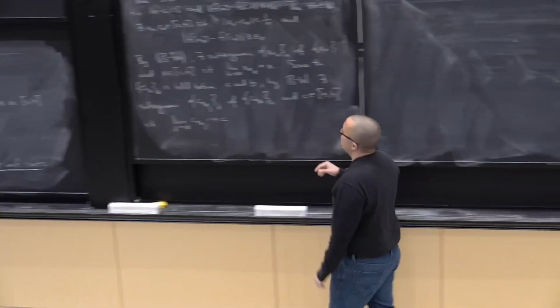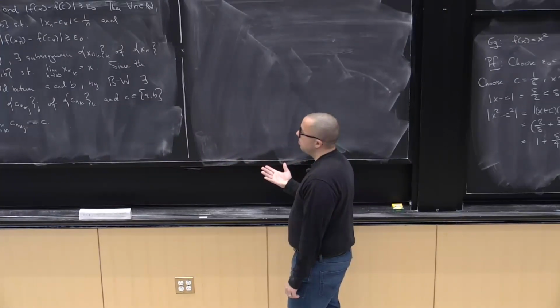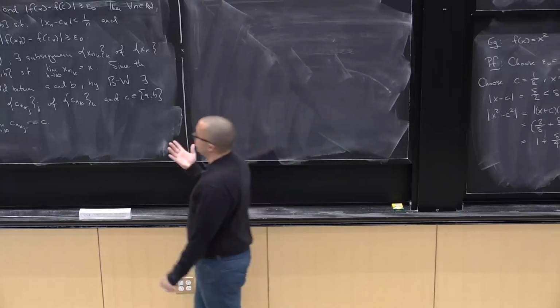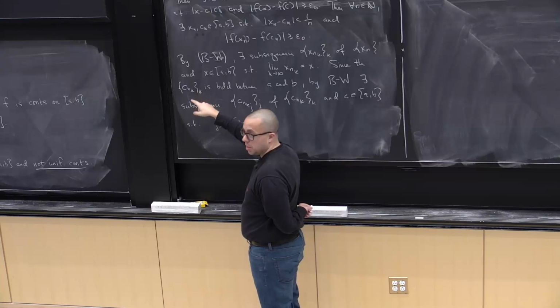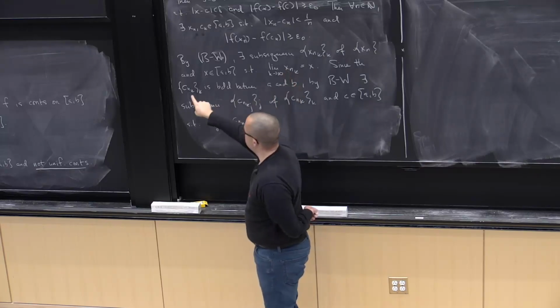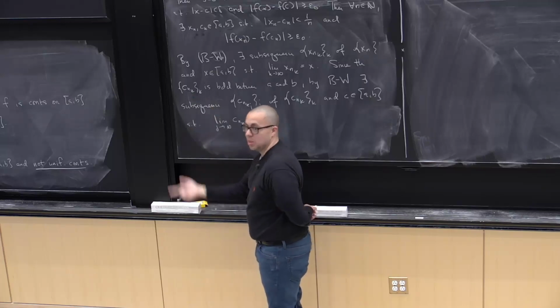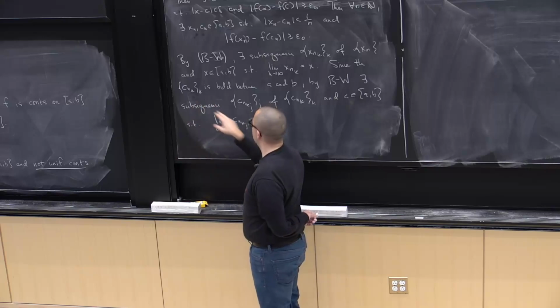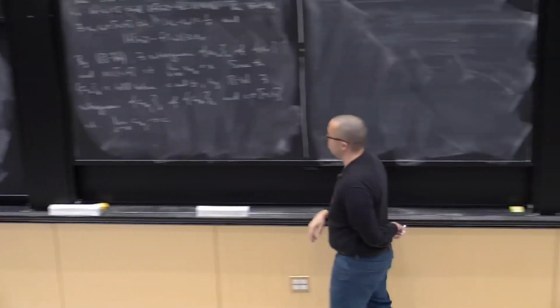Okay, so I found a subsequence of the x_n's, and now I look at a corresponding subsequence of the c_n's, where the n_k's are coming from the n_k's chosen for this subsequence. That's still a bounded sequence, so by Bolzano-Weierstrass I can take a subsequence of that and an element c so that I have convergence. Okay?